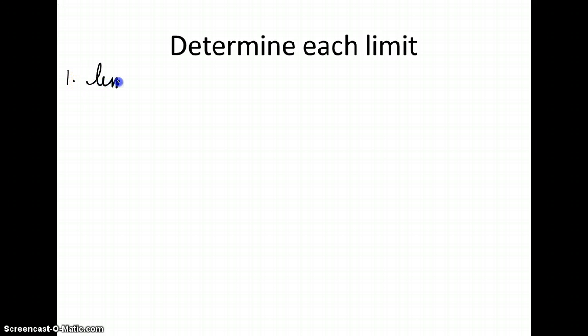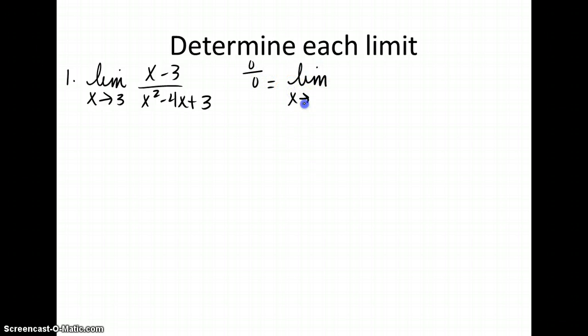We'll start with an easy one. Limit as x approaches 3 of x minus 3 all over x squared minus 4x plus 3. Direct substitution, 0 on the top. 9 minus 12, negative 3 plus 3 gives me a 0 on the bottom as well. So indeterminate form means you have some type of algebra technique to simplify the original. This is what your quiz was on.